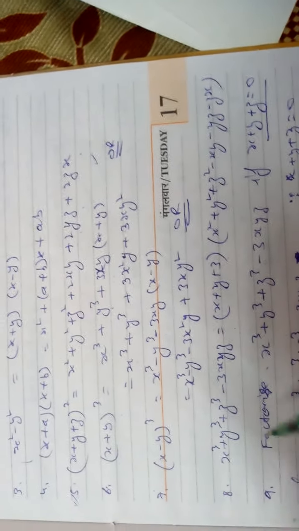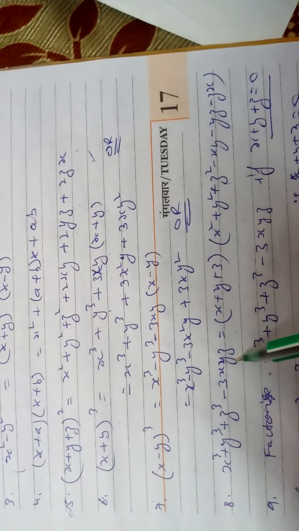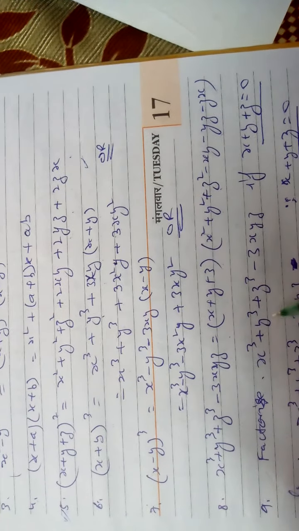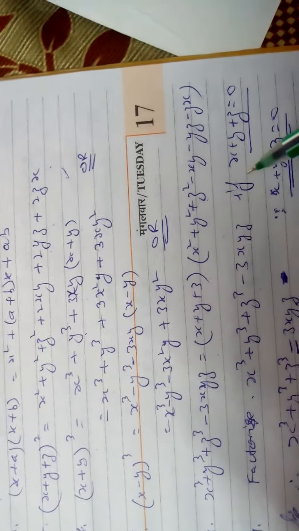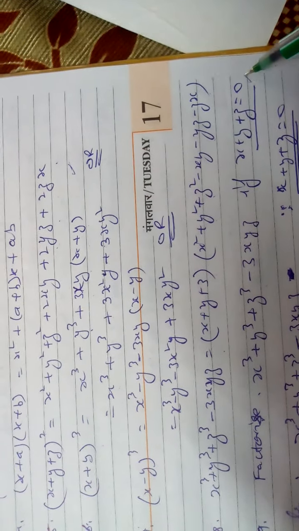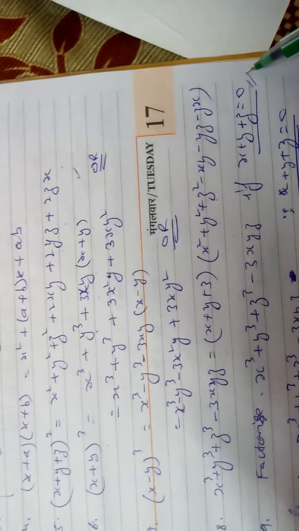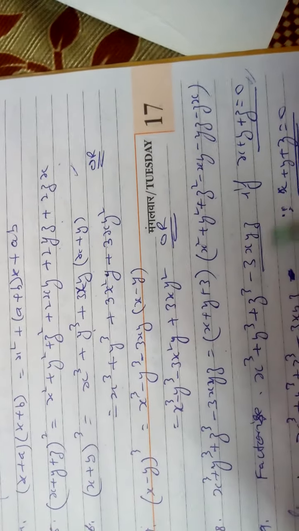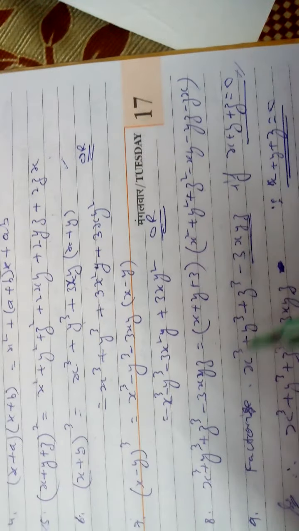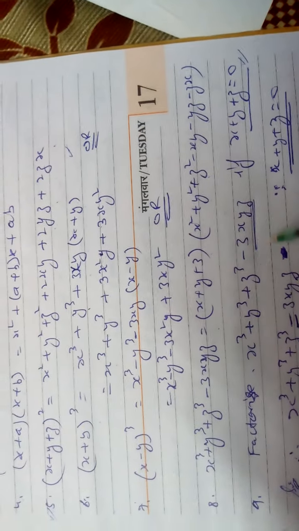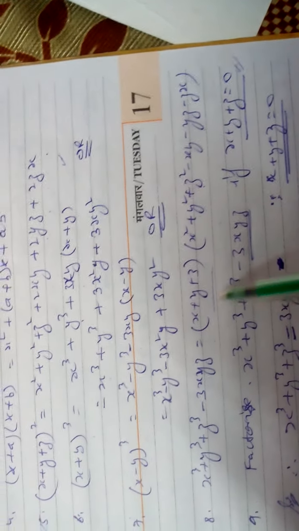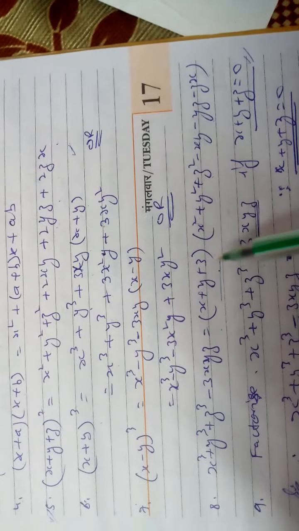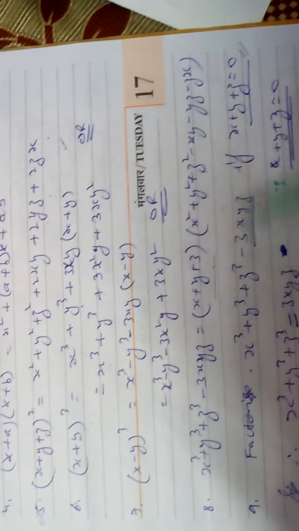In 9th, if x cube plus y cube plus z cube minus 3xyz is given, and in this, if x plus y plus z is equal to 0, then minus 3xyz will go to that side. In this formula, when the whole equation is considered, this factor will be 0, 0 into this, so your right side will be 0.